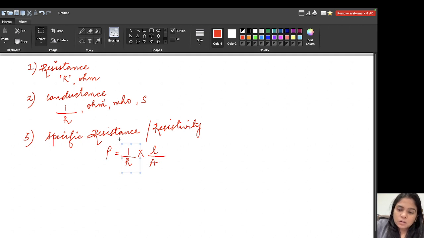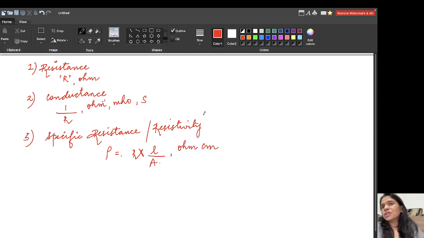This is equal to R into A upon L. And what will be the unit? The unit will be ohm centimeter. It's showing the resistance between 1 centimeter square area and 1 centimeter distance, like the resistance of all the ions present in 1 ml of your electrolyte.